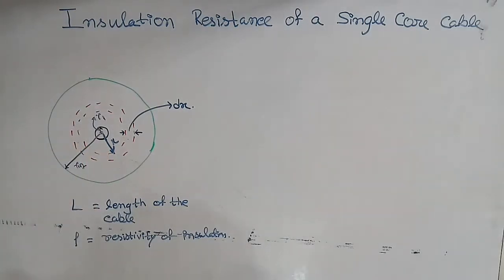The length through which the leakage current tends to flow is dx, and the cross-sectional area offered to this flow is 2 pi x l.